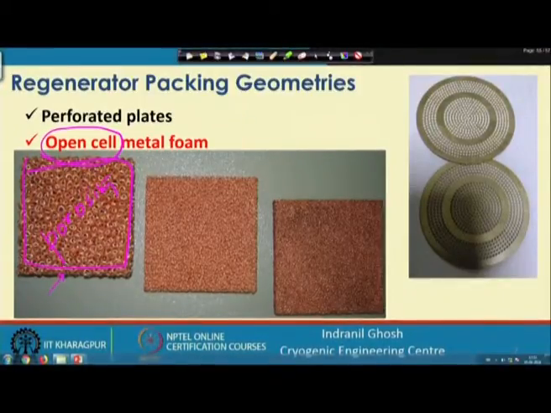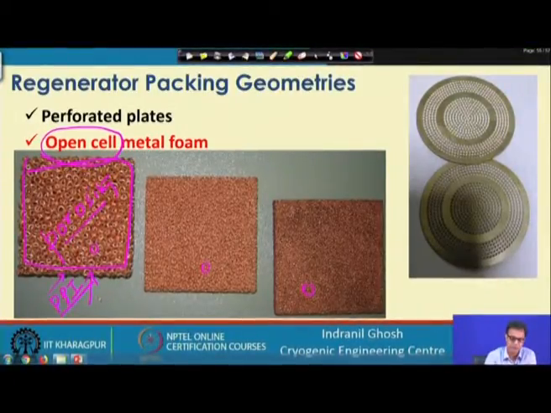By porosity we mean the relative density of this material, and as for the pores, you can see that these have larger pores compared to this one, and these have still smaller pores. These pores are defined as PPI, pores per inch, and this is about 5 to 10 pores per inch, whereas this is about 20 PPI and this is nearly 30 PPI.